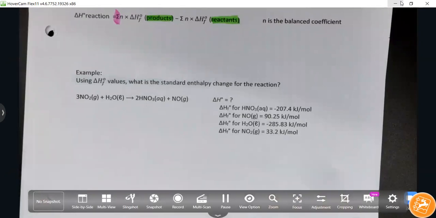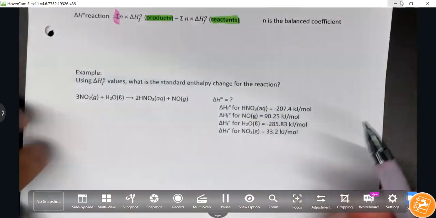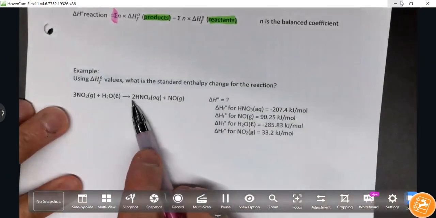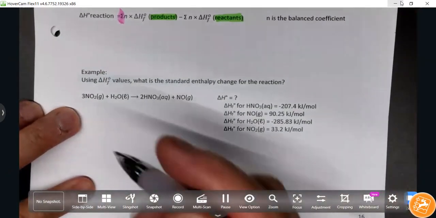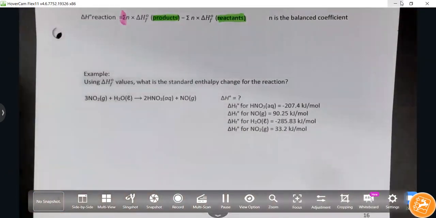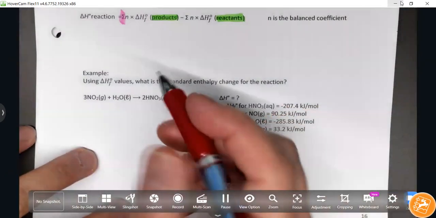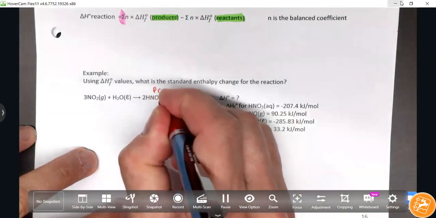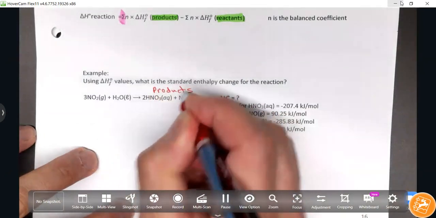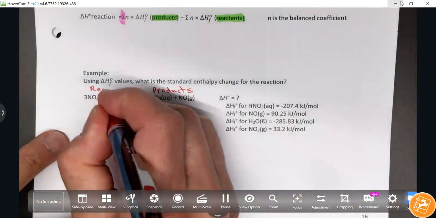Okay, so let's do this. Again, it's a summation, and we want to do products minus reactants. So over here, let's start with our products. And obviously over here is reactants.